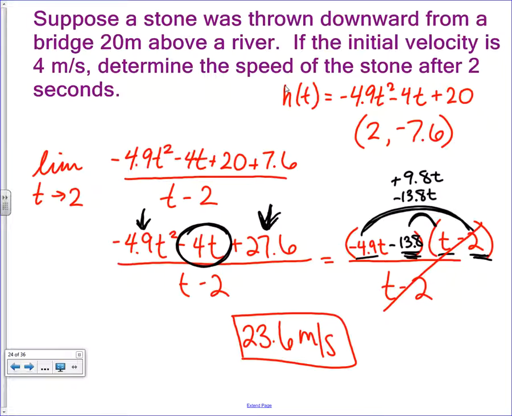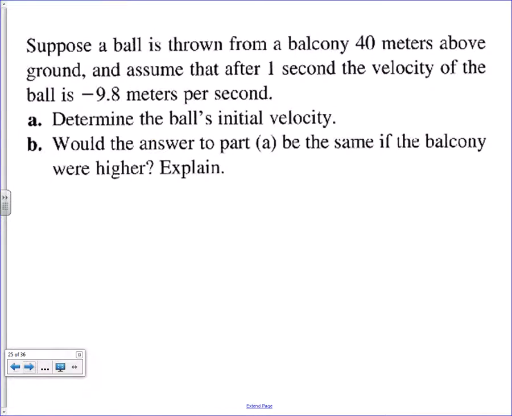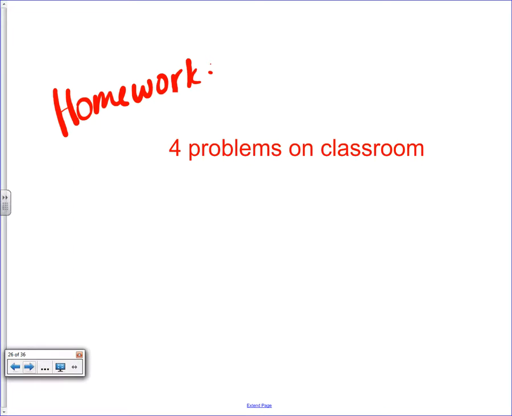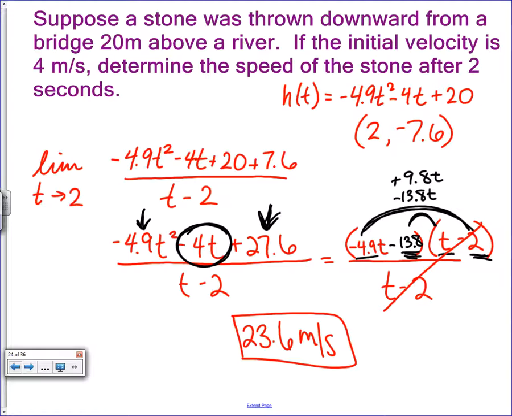Okay, I think my next problem, I'm going to see how you guys do setting it up, and I'm only going to change one thing. Hold on 1 second. What am I doing?